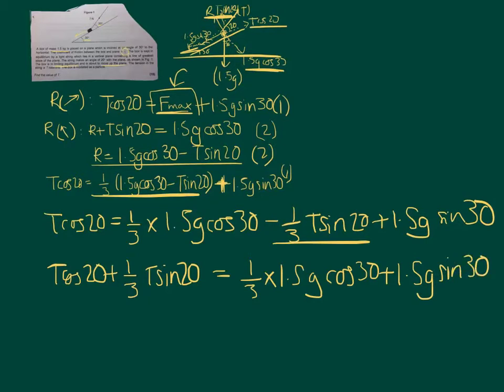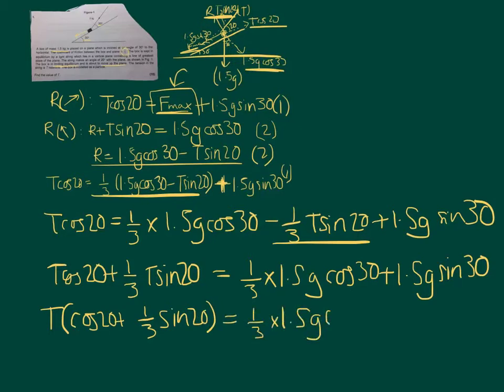Okay, now we can take T out here, so we get T open brackets cos 20 plus 1/3 times sine 20 equals this stuff, so 1/3 times 1.5 g cos 30 plus 1.5 g sine 30.